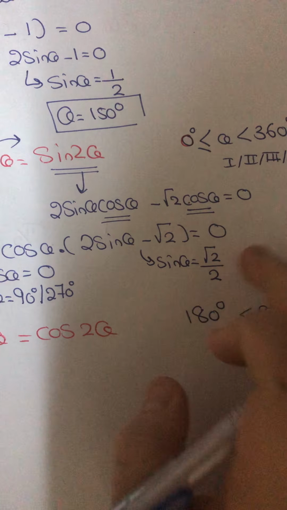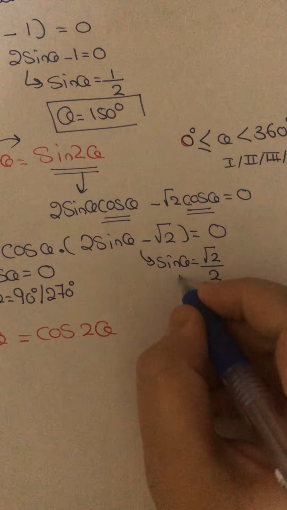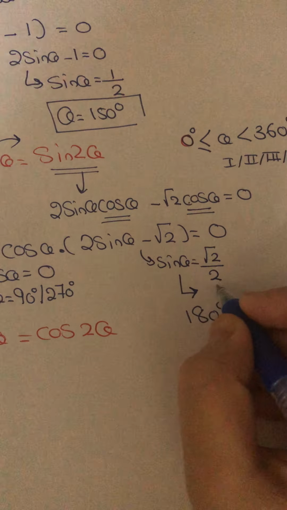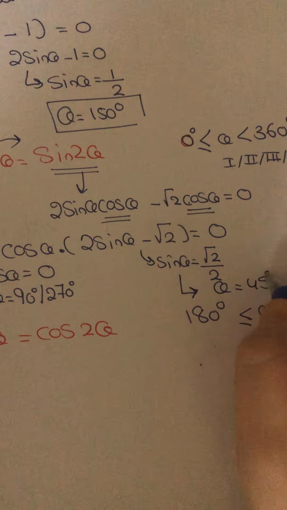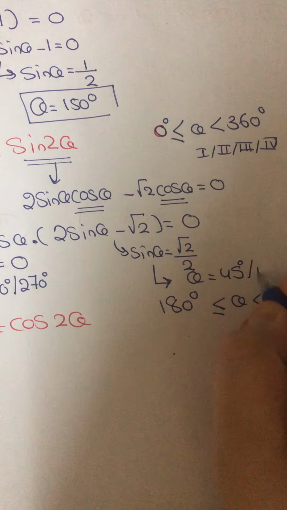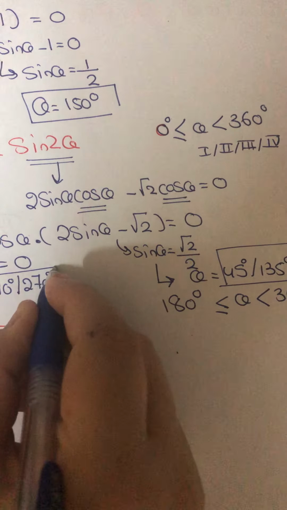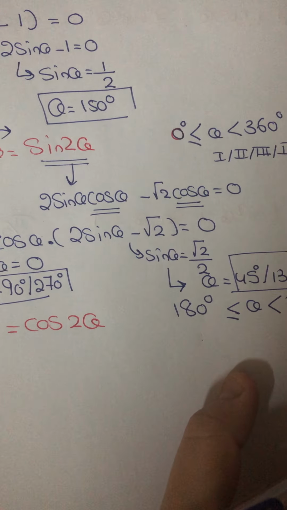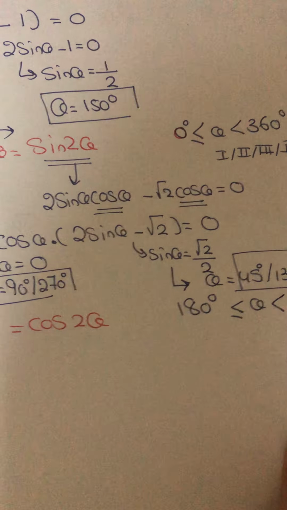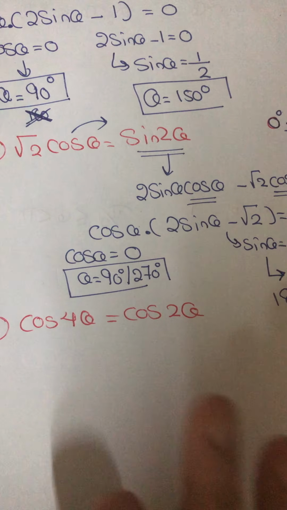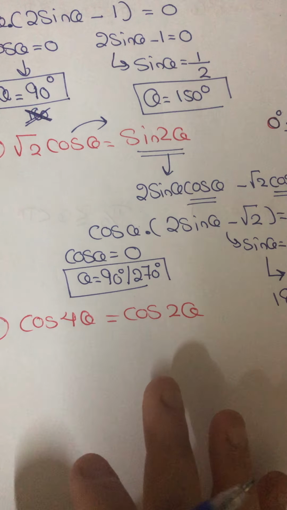This is a quarter, right? And only in quarter 1 and quarter 2 is sine positive. So here theta is equal to 45 degrees or 135 degrees. And these are 2 answers, and these are 2 answers. You do not need to add 2 pi because an interval is given in this question.